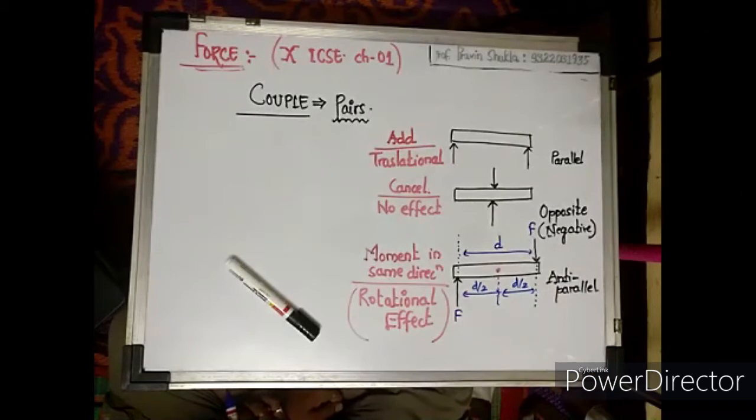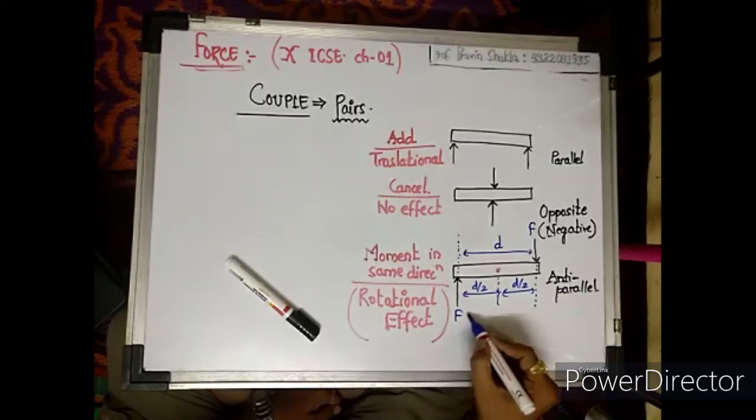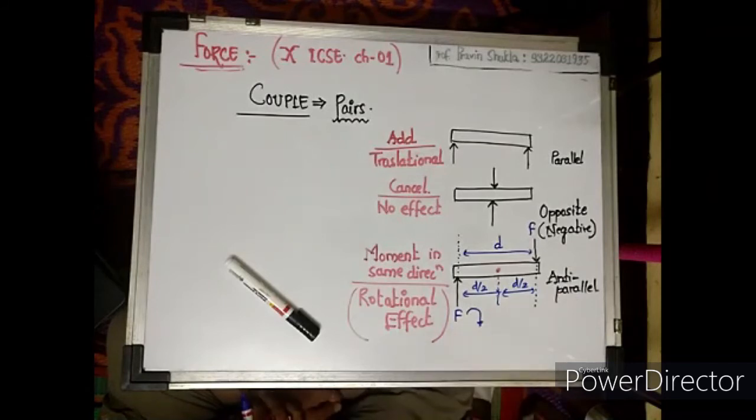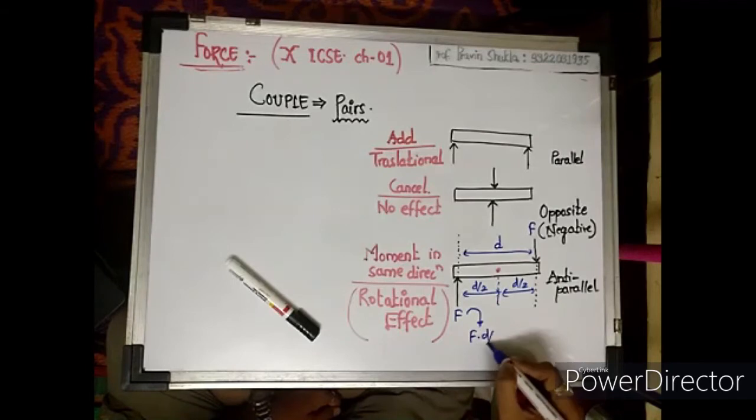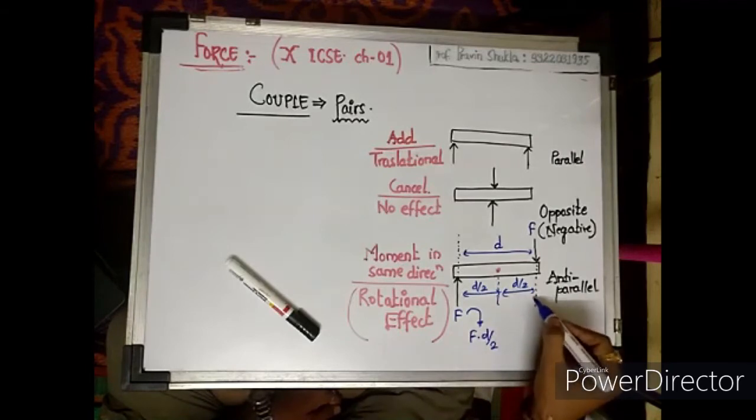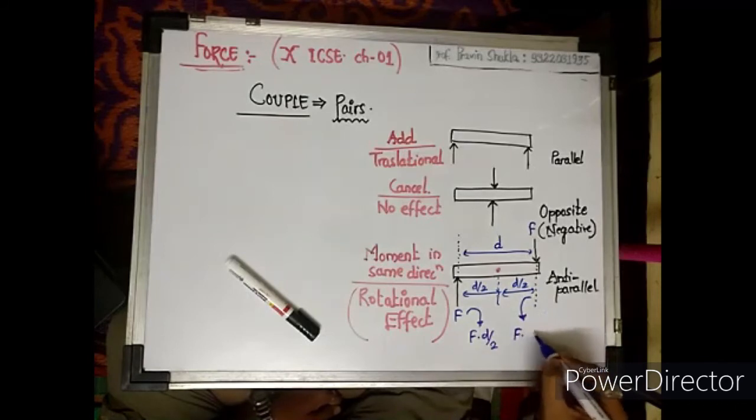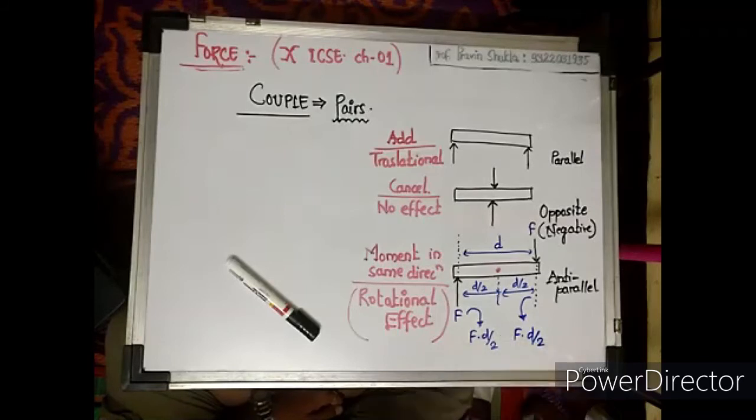Understand this: the moment of force created by this F will be F into D by 2 and the moment of force created by this F will again be F into D by 2. So what is the total moment of force? Add these two.